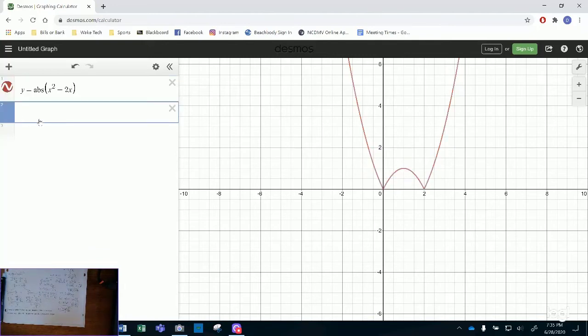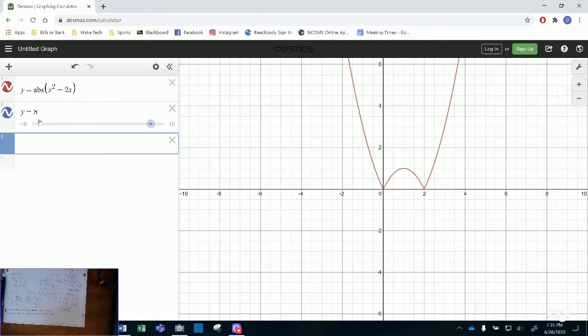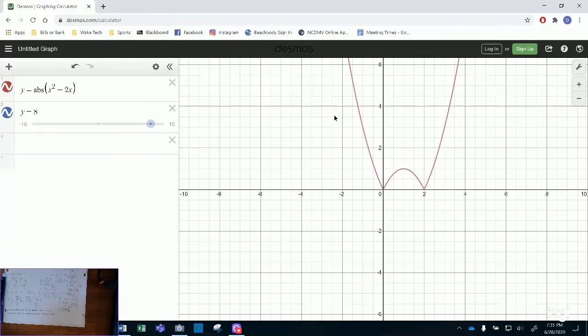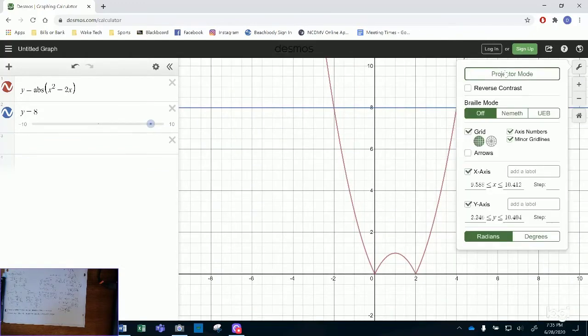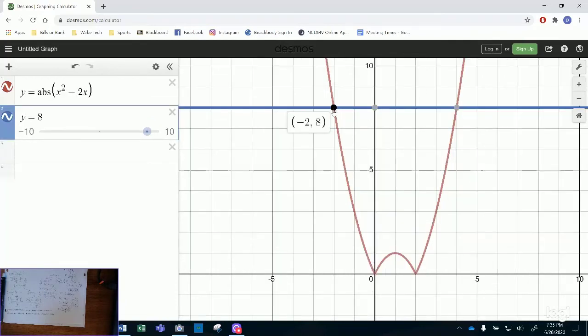And then on the right we have y equals 8. That is not showing up because my graph's over there. Now if I look at the intersection, x is negative 2 and x is 4. So that's why this one didn't come out to be a solution, because there's only two solutions there.